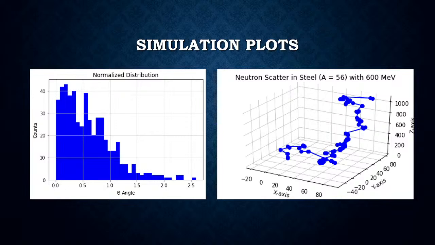And so we can, with that, find the ratio of the number of neutrons that are actually going to make it through the shielding. And then the figure on the right is a path of a neutron that we produced using the simulation. And as you can see, it kind of jumps all over the place. It doesn't go in a straight line the same way that a neutrino would.